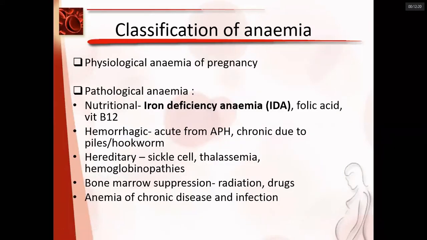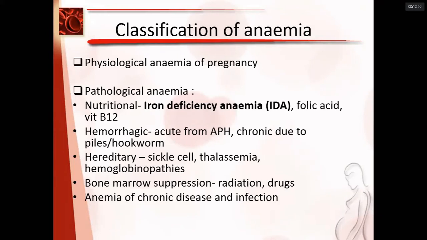So we categorized anemia according to the level of hemoglobin previously. Now, how do we classify anemia? There are various methods of classification. One is the physiological anemia of pregnancy, which I briefly mentioned earlier, because of the drop in hematocrit in the second trimester, which is physiological. Another is pathological anemia, which you have read in your pathology sessions in your first and second year.